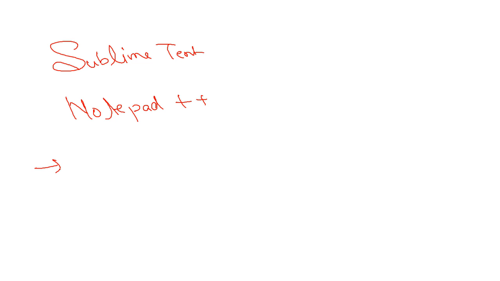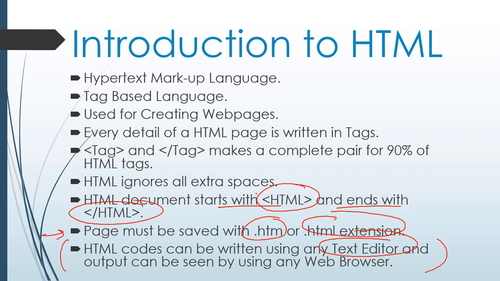But if you are a beginner and you want to practice or revise all the tags on your own, then you can use the normal Notepad only. Fine. So we can write HTML programs by using any kind of simple text editing software. And for checking the output, we have to use a web browser program.